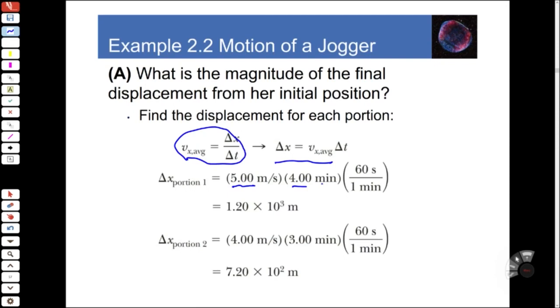But recall we are always using SI units, so you should convert this into seconds.